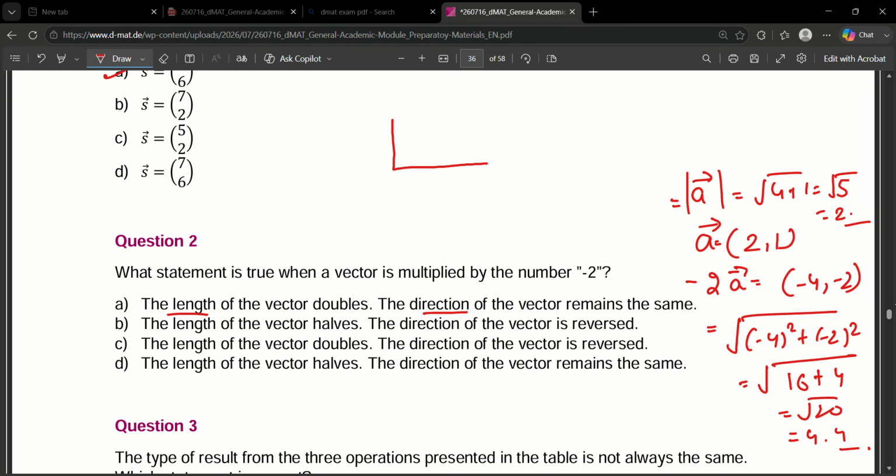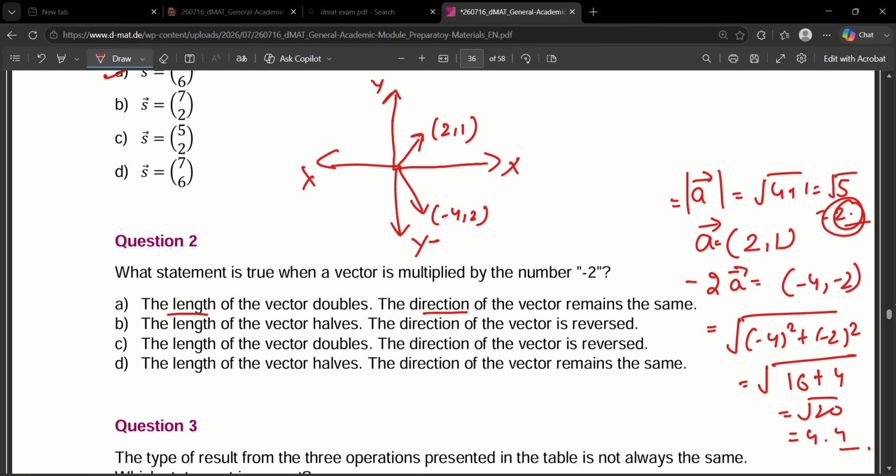If you see this vector, a positive vector would be in the direction 2, 1. If the point is minus 4 and minus 2, that would be in the negative direction, obviously. The length is obviously doubled.